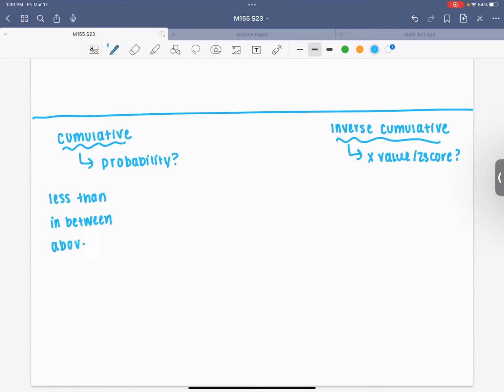Whenever you do these, you basically plug things into Minitab no matter what. And then after Minitab, you either subtract the 2 answers or you do 1 minus the answer.